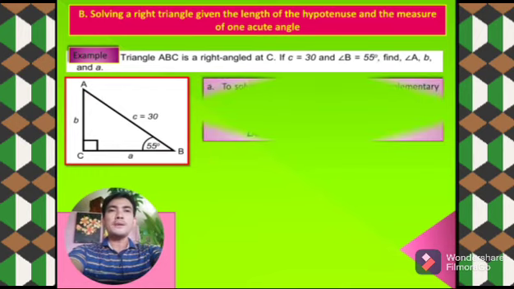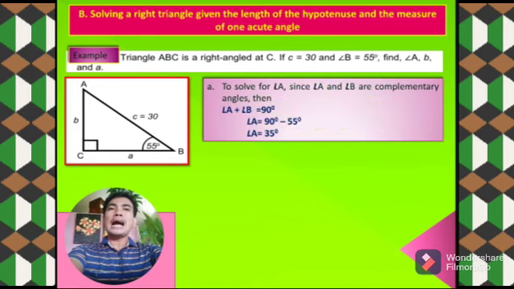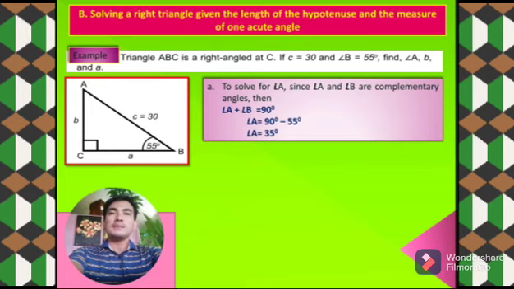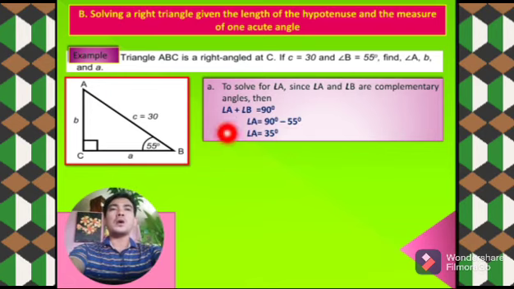So therefore, to solve for angle A, you would have angle A plus angle B is equal to 90 degrees. And we are going to substitute the measure of angle B, which is 55. Then you would have 90 minus 55 is equal to 35 degrees. That would be the measure of our angle A.